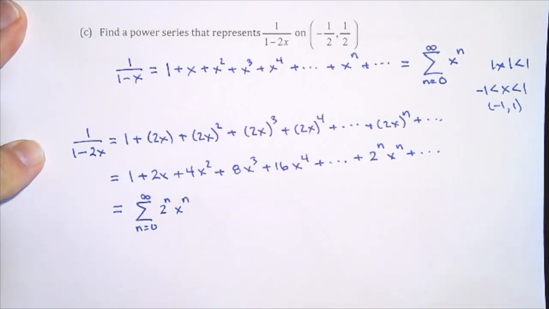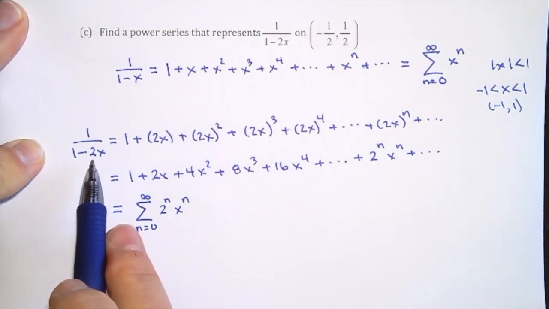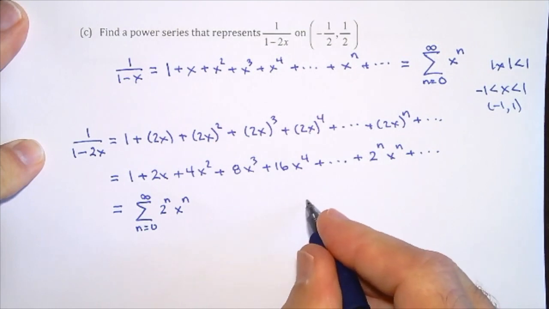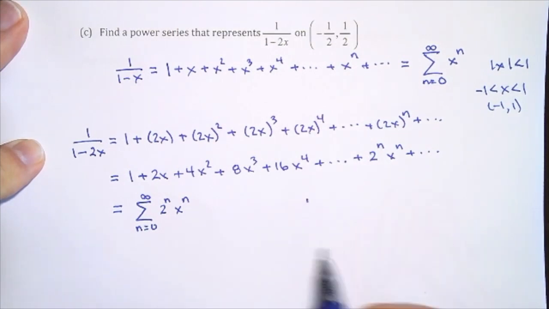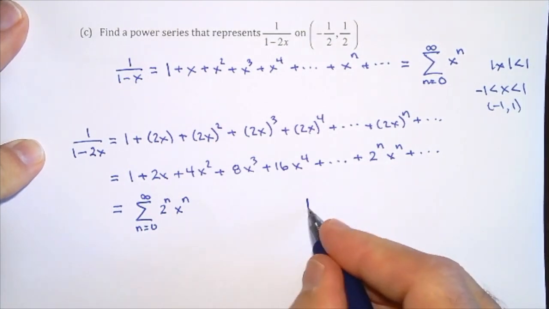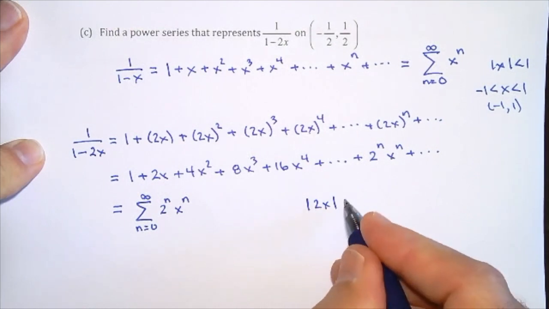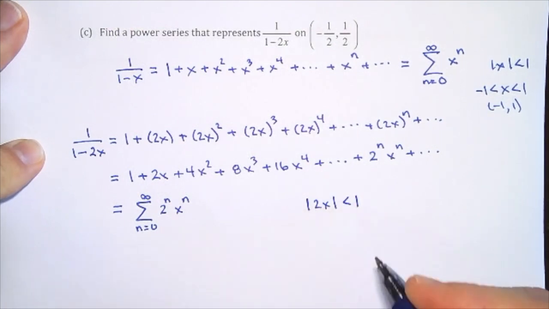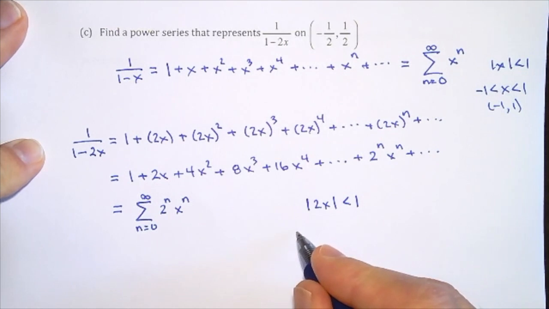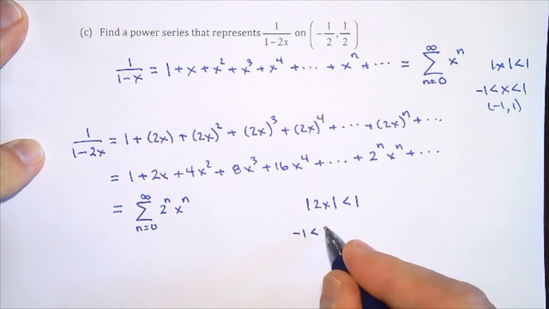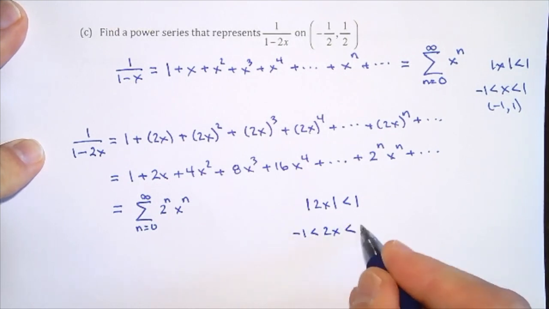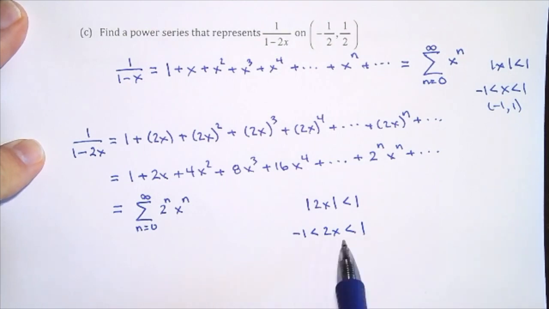Now, these aren't always the same because it has to do with that interval of convergence that we were talking about. So this 2x, which is our r, has to be less than 1. So not 2x, the absolute value of 2x has to be less than 1. That translates into negative 1 is less than 2x, which is less than 1.